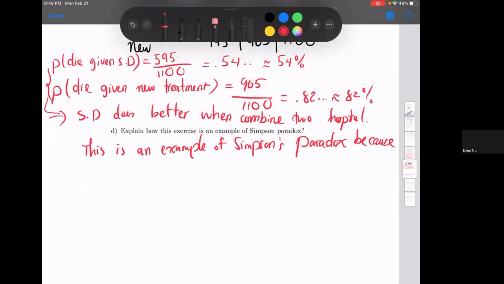That's what I want to hear. It's reverse or opposite direction, something like that. Because the result from the subgroup. When I say subgroup, I mean hospital A and hospital B separately.